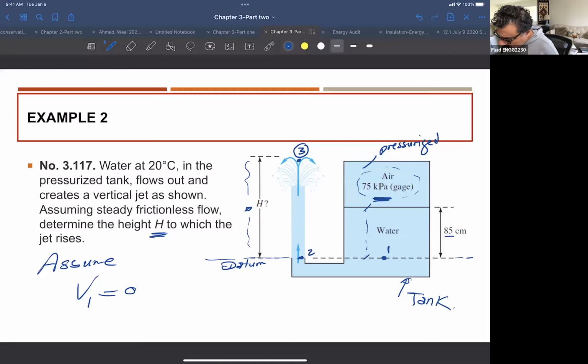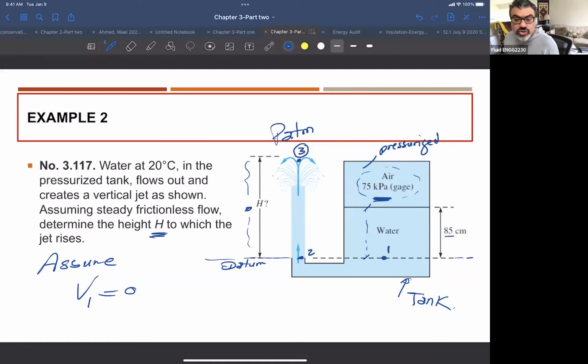Now, which points will I take the Bernoulli equation between? Do I know the pressure at 1? Yes. I know Z1, and I know velocity 1 is 0. Now, the pressure at point 3 is 0 because it's atmosphere.